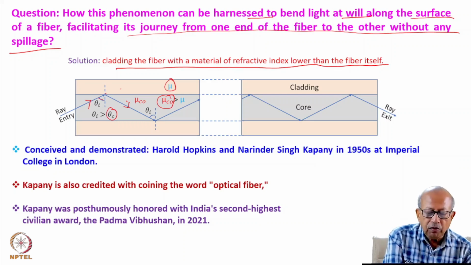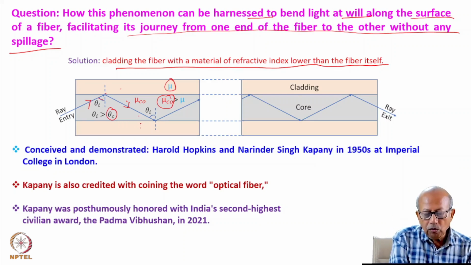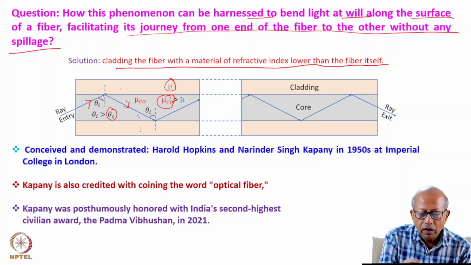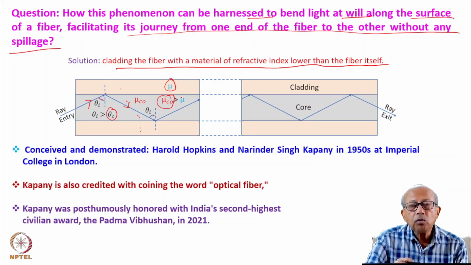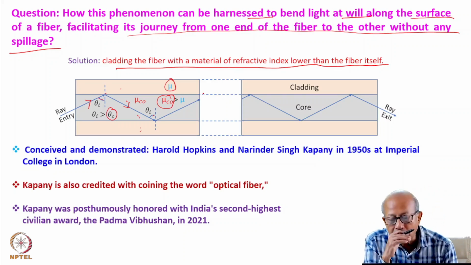And after reflection, as it hits the other core-clad interface, it will again be incident at an angle exceeding the critical angle. So it will undergo total internal reflection every time it hits the clad and core interface.